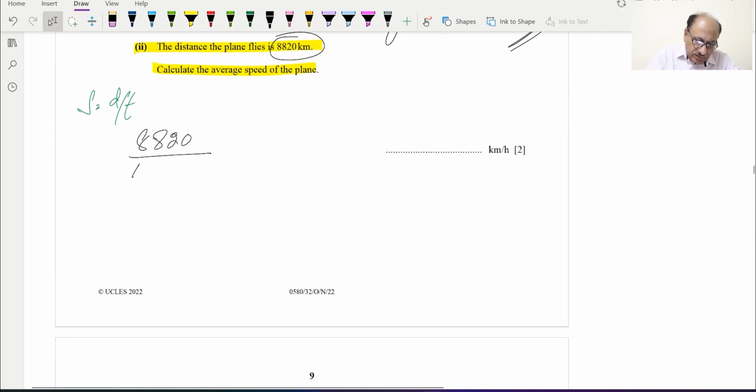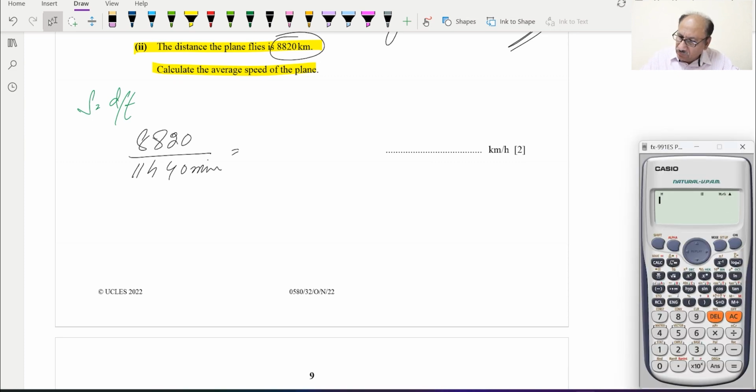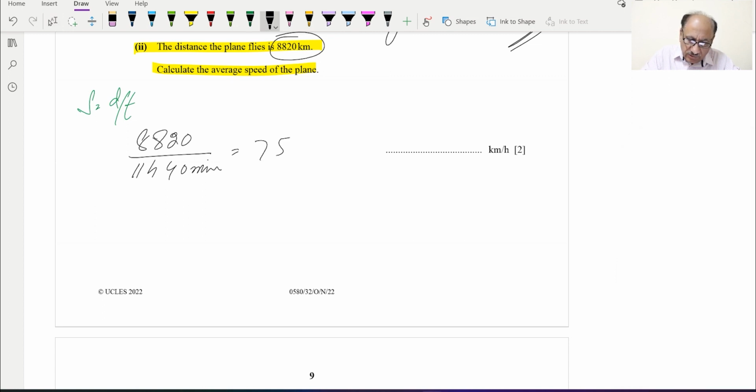So we write 8820 divided by 11 hours and 40 minutes, and this will be equal to 756 kilometers per hour. So this will be our final answer for 2 marks.